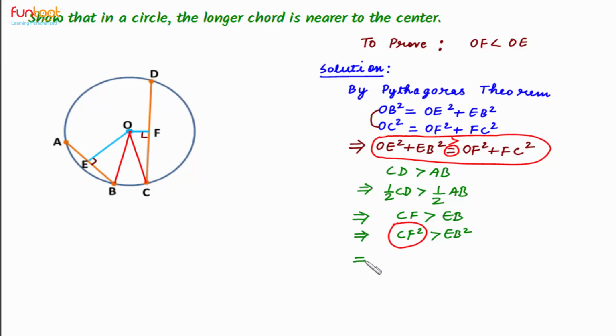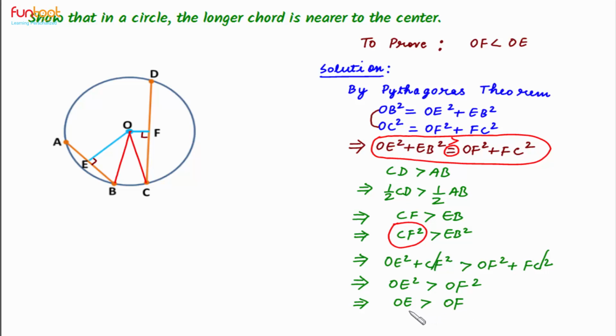So from here we will have OE square plus CF square is greater than OF square plus FC square. CF square and FC square are one and the same thing. We can cancel this. So this implies OE square is greater than OF square, or this implies OE is greater than OF.